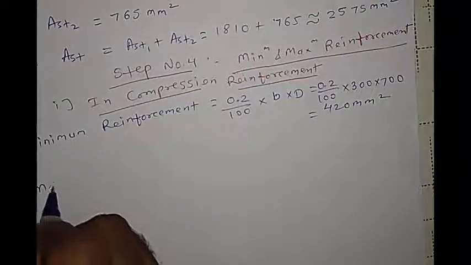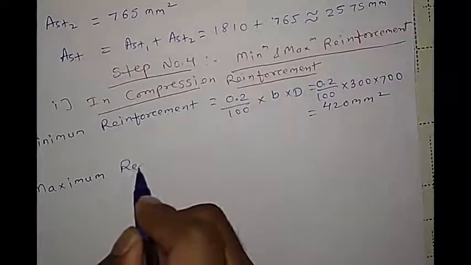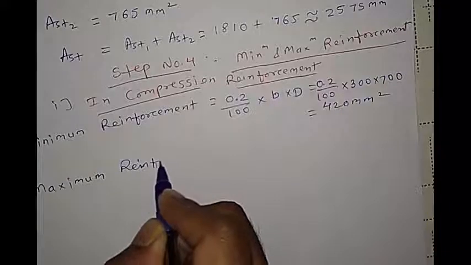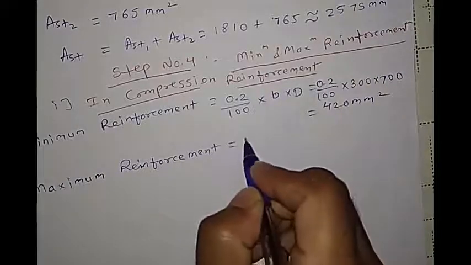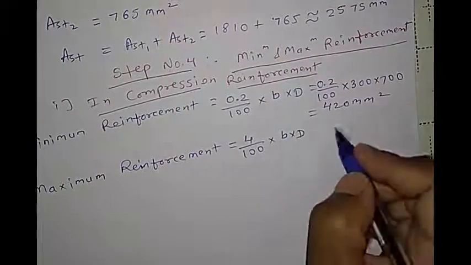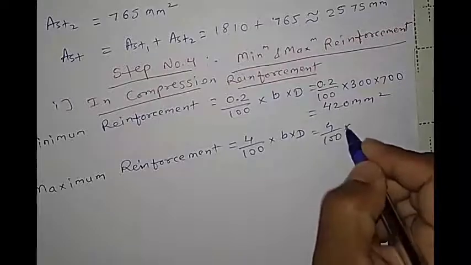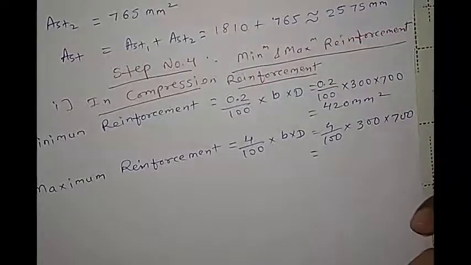And in the next case we have the maximum reinforcement criteria, that is 4% of BD. So this criteria is already mentioned.